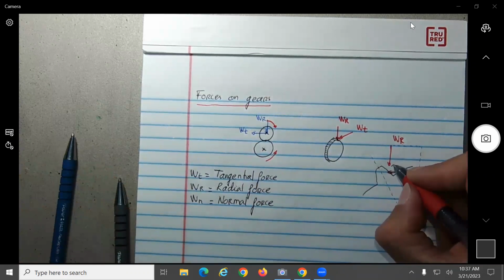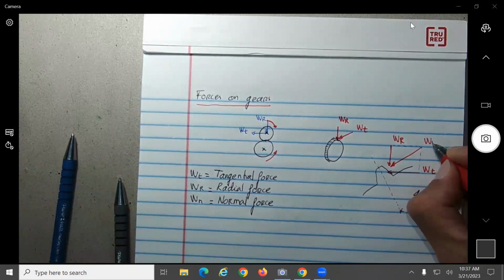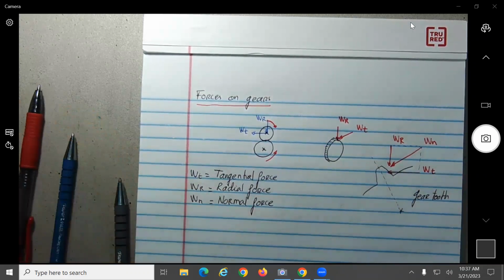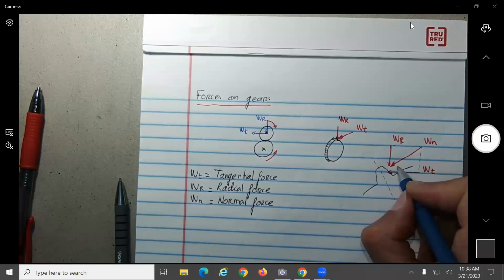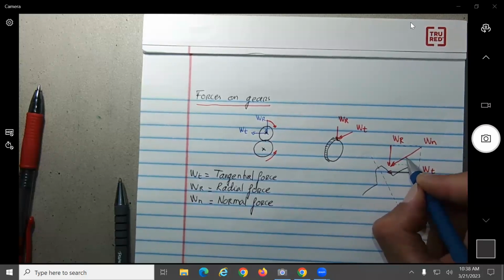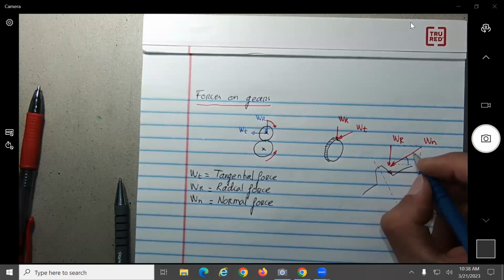So really the real force being applied to the tooth will be the normal. And the angle between the normal and the tangential, we call it phi.